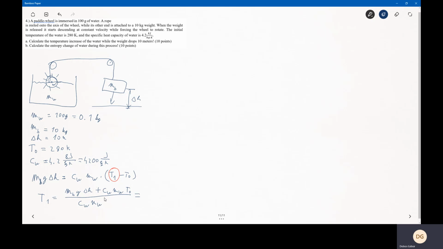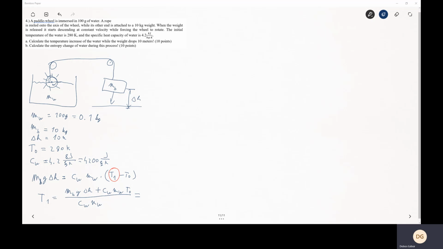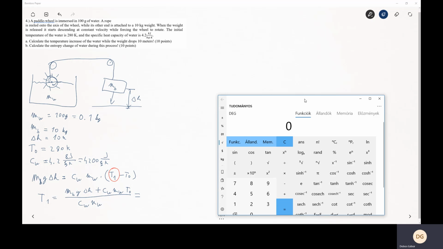So once again, you can see that I know the value of every parameter here in this formula. Well, the problem didn't tell me the value of G, but we know that that is roughly 10 meters per second squared. So all that is left is to type this into my calculator. So the mass of the body is 10 kilograms times G, that is also 10, times delta H, that is also 10. So that was simple, that was 1000.